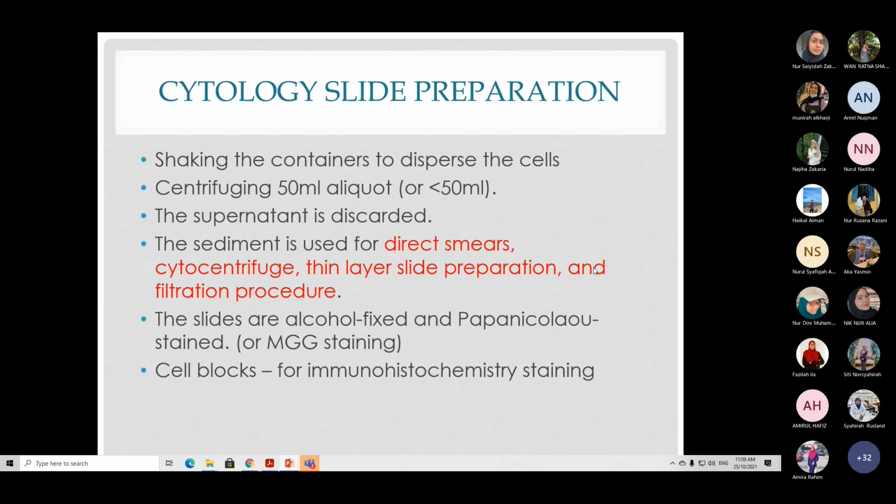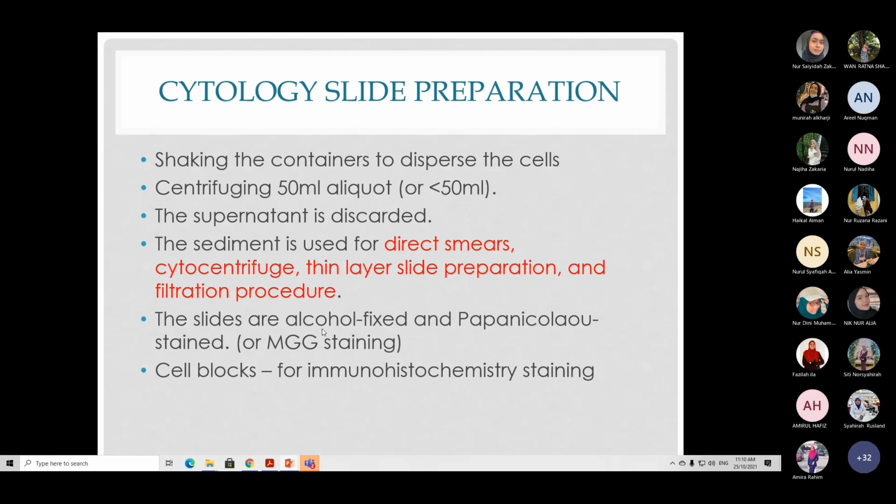Alright, so how is the cytology slide preparation? Okay, after you collect the fluid just now, first you check the container, okay, to disperse the cells. Then you centrifuge the container that contains the fluid, centrifuge a 50 ml aliquot, or less than 50 ml of fluid. Then you discard the supernatant, okay, you want the sediment. Okay, the sediment is used for several cytology techniques such as direct smears or cytocentrifuge, thin layer slide preparation, and filtration procedure.